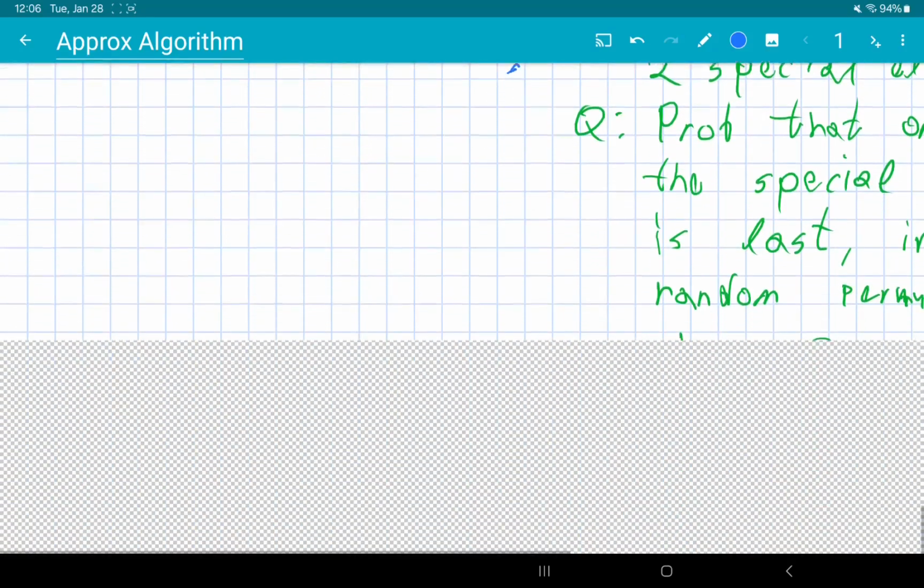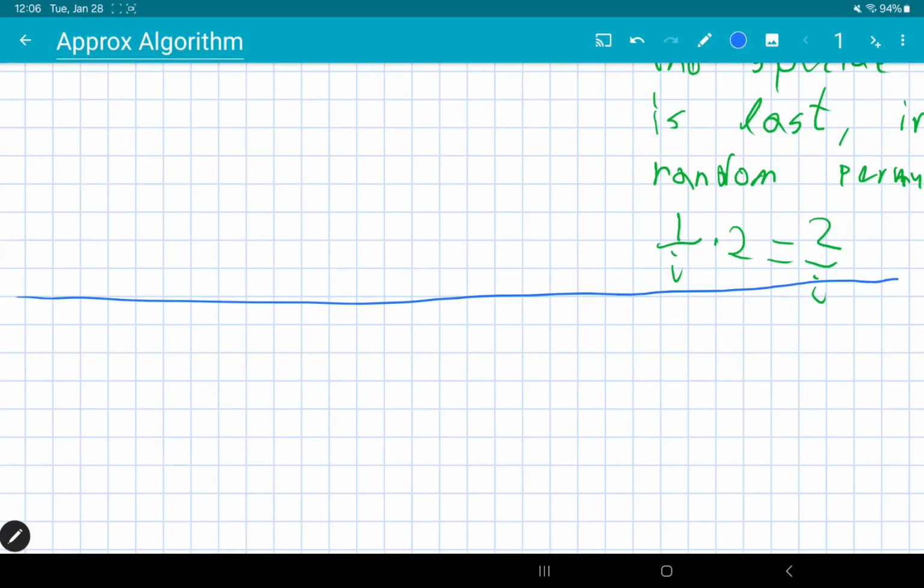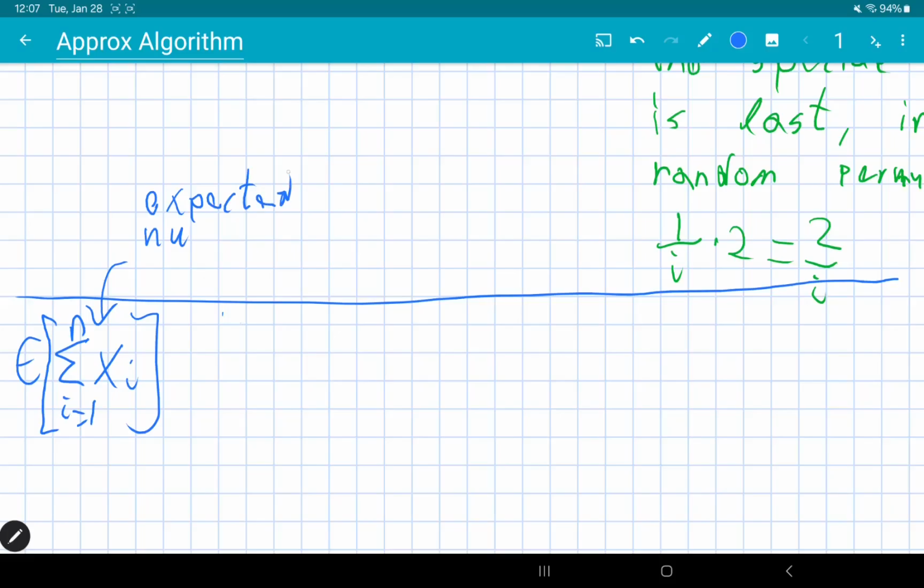Now let's start with a naive bound, a naive analysis, because it's somehow useful to recall things. So the number of times I have to rebuild the grid is the sum of xi going from 1 to n. And I'm looking at the expected number of grid rebuilds.